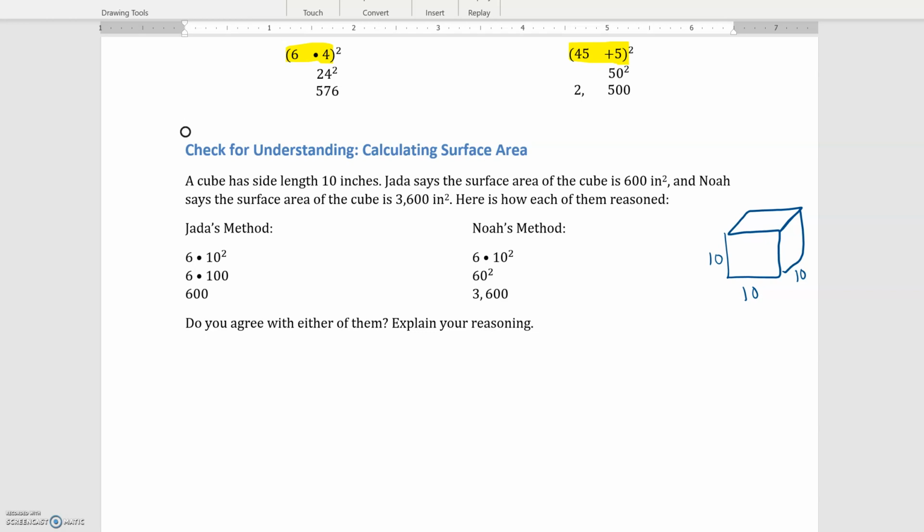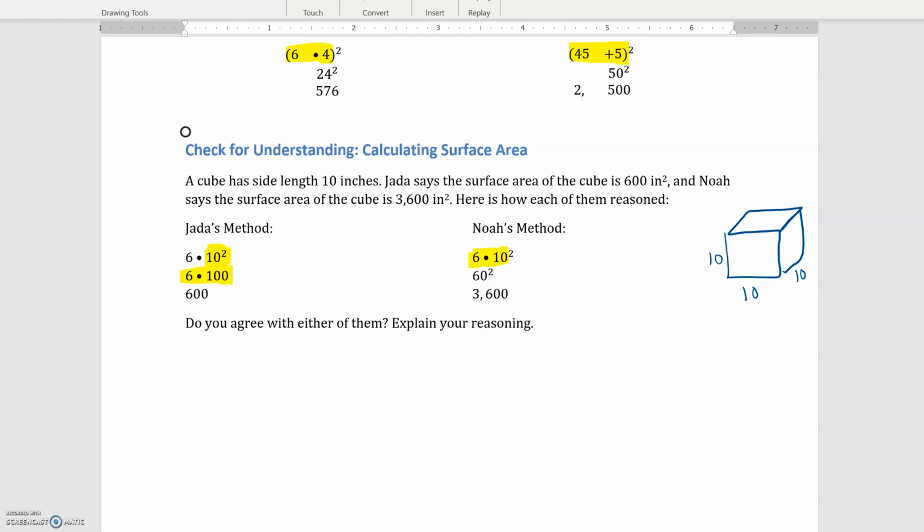Here is how each of them reasoned. So you see here in Jada's method, she squared the 10 to get 100 and then multiplied. And then for Noah, he multiplied first to get 60 and then squared, or multiplied by itself, to get 3,600.